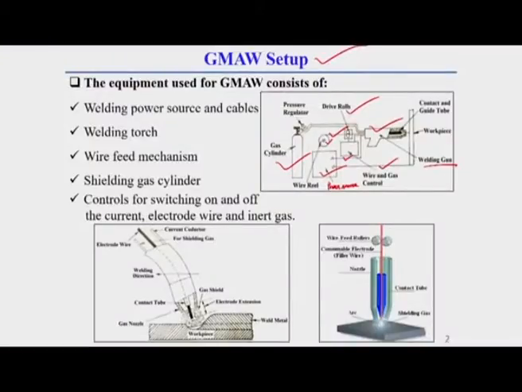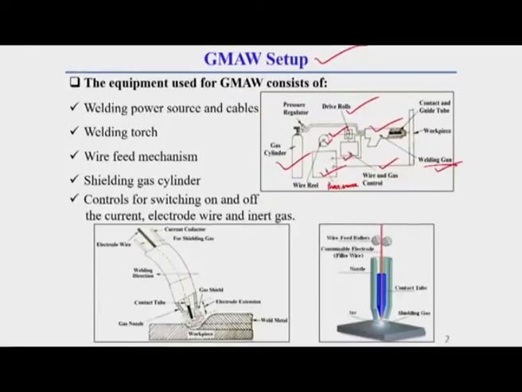The welding gun helps to generate the arc, and it also supplies the inert gas. It is called a torch because it helps to generate the arc as well as to supply a continuous feed of consumable electrode. That's why it is also sometimes referred to as a welding gun.